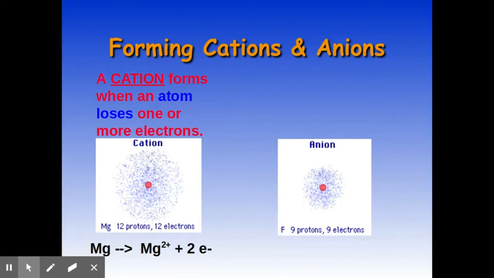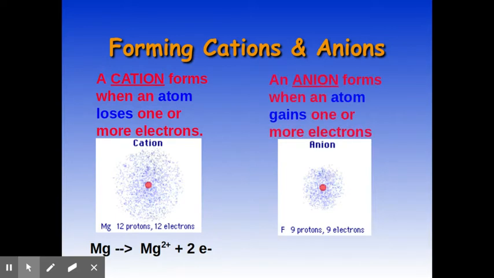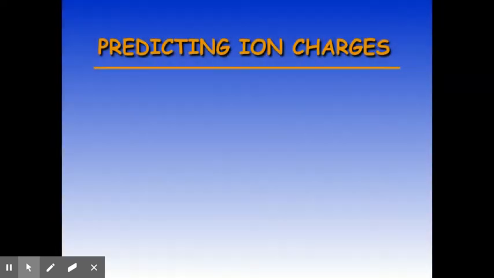So you take your magnesium, which had 12 protons and electrons, and then it lost 2, so now it's a magnesium with a +2. An anion happens when you gain one or more electrons. So you had your fluorine atom, and you gained an electron. Now it's fluoride, it's an ion.